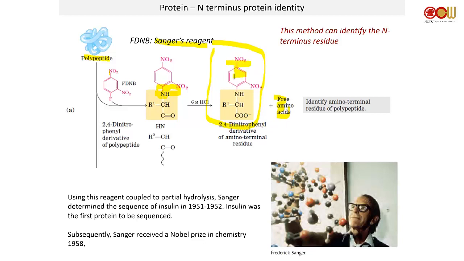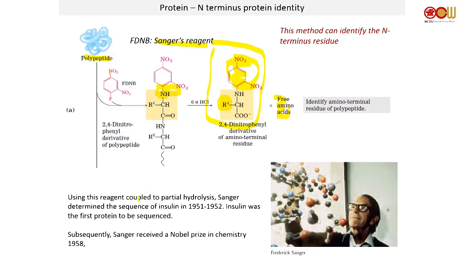Whichever has this particular group is on the N-terminus. So using this method, I can know exactly which amino acid is on my N-terminus. Because you look for this particular group, and then you look at what is the R group of that particular amino acid, then you know who this guy is.